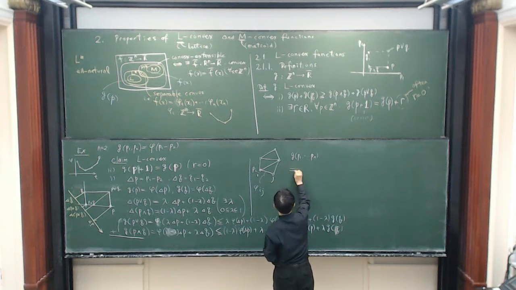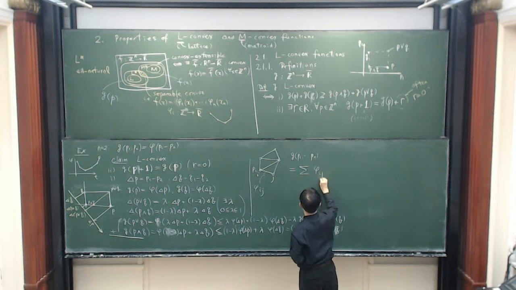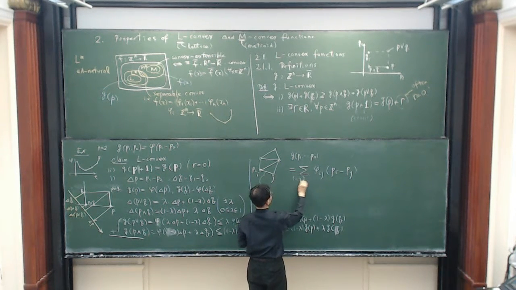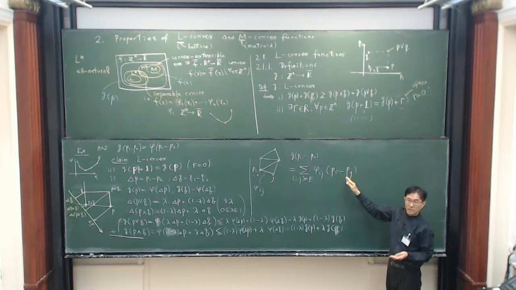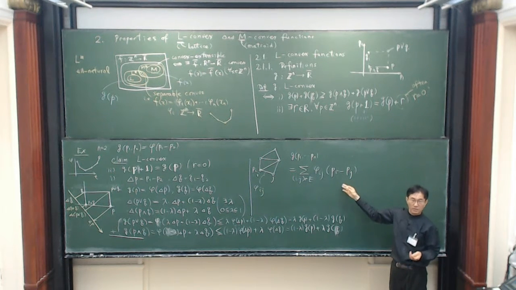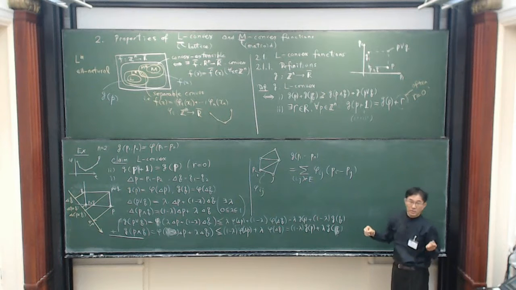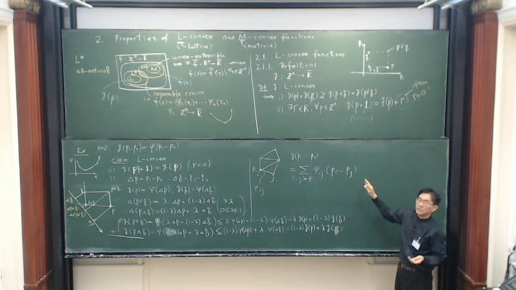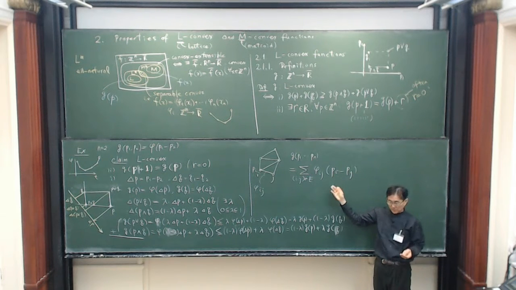We define the function as the sum of phi ij of p i minus p j, where ij is an edge. This is the typical function that arises in network flow, the minimum tension problem. Or if you are working in image analysis, this is called the energy function, the second part of the energy function. You can add the first, but here I use this part only. So this is an important function in combinatorial optimization.